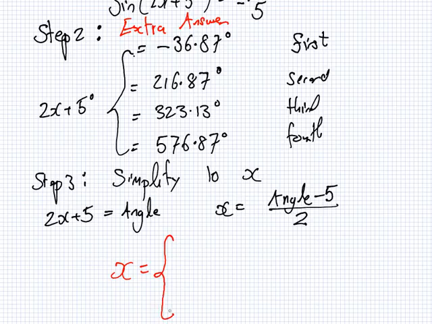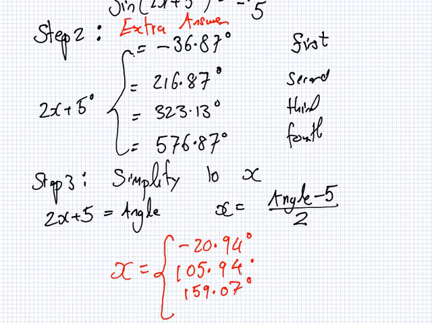values of x. So the first one, minus 36.87 minus 5 divided by 2, and we get minus 20.94. 216.87 minus 5 divided by 2, and we get 105.94. 323.13 minus 5 divided by 2, and we get 159.07.